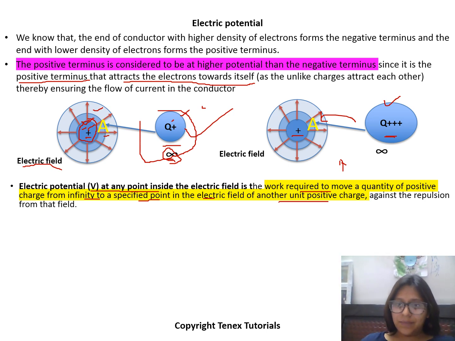So that essentially means that the greater the amount of charge, either this particular charge or this particular charge, the greater will be the electrical potential, or the work that is required in bringing that particular quantity of charge inside the electric field of another quantity of charge.